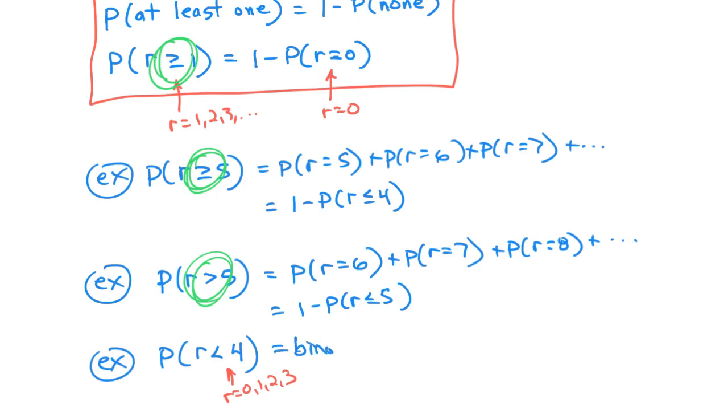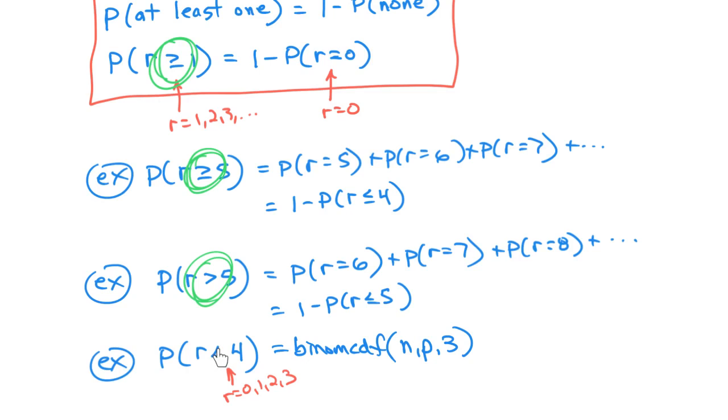This is binomial CDF, n, p. In this case, we would put 3. I'm just totally making these problems up, so we don't know what n or p are, but if it's less than or equal to 4, we're good to go. That's what binomial CDF is for, because it starts at 0 and goes up, in this case going to 3, not 4, because it's less than 4.